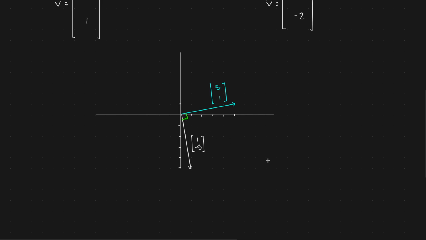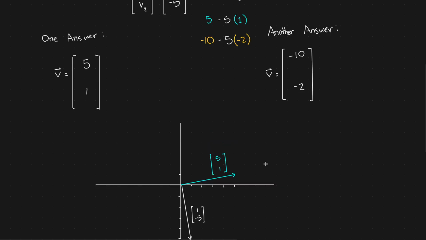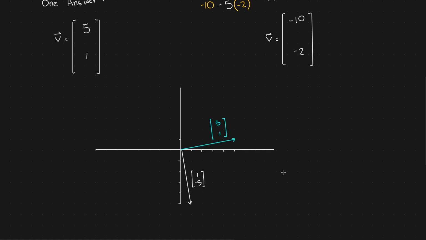That looks like a 90-degree angle, right? They are perpendicular. So these two orthogonal vectors geometrically are perpendicular to each other. Same thing for negative 10, negative 2.